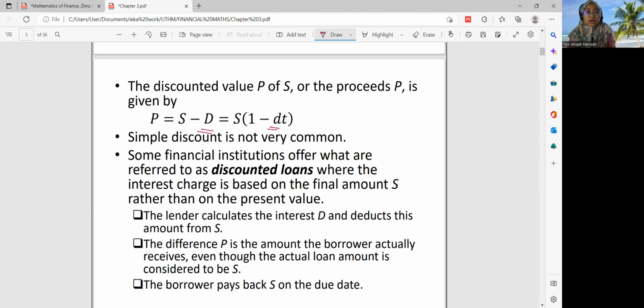Simple discount is not very common. Some financial institutions offer what are referred to as discounted loans, where the interest charge is based on the final amount S rather than on the present value.